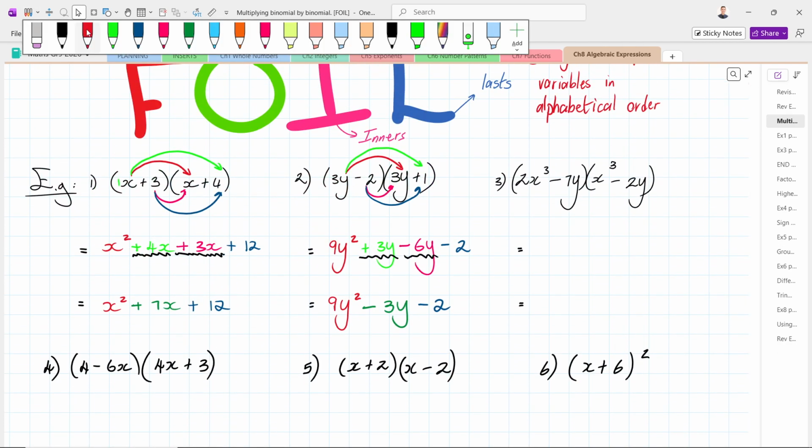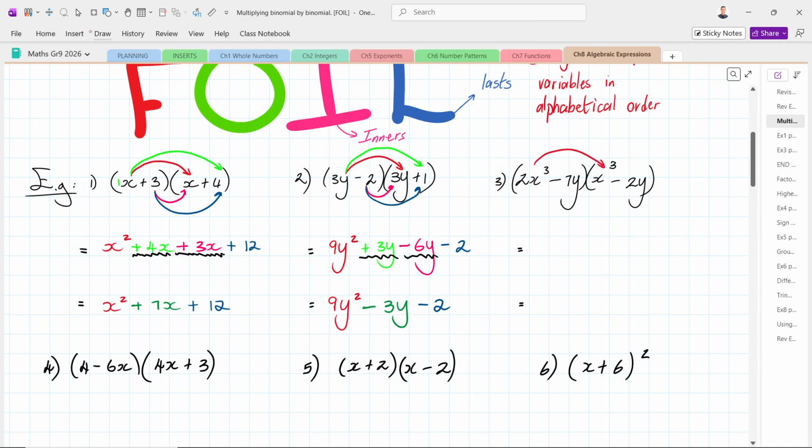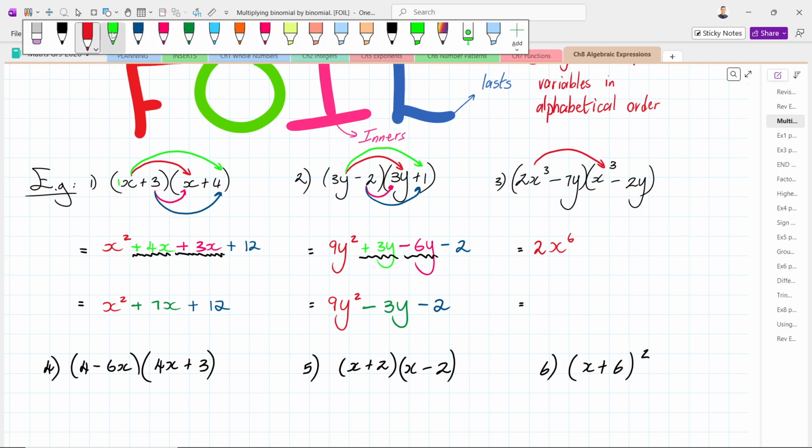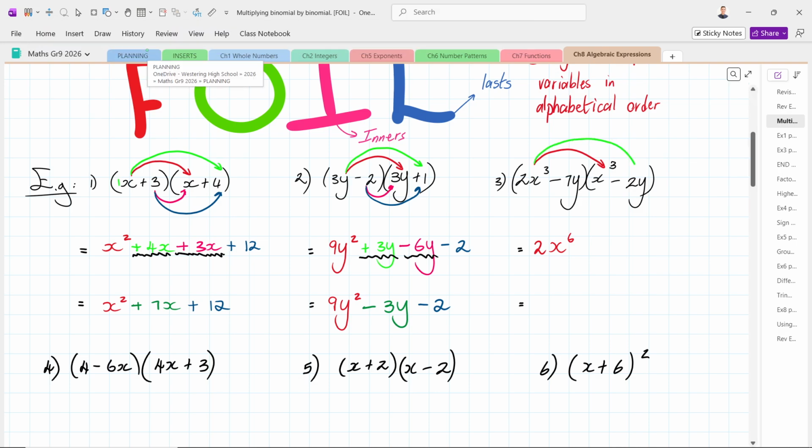So, again, first, 2 times 1 is 2. X cubed times x cubed, add the powers, x to the power 6. Then we have the outers. Positive times a negative is a negative. 2 times 2 is 4. X cubed times y is x cubed y.